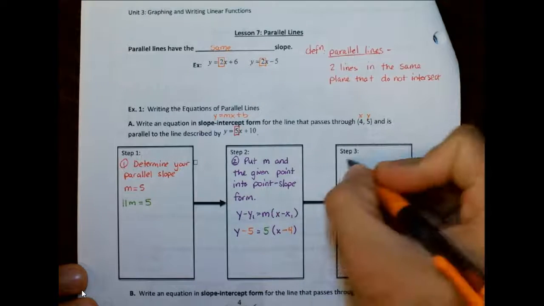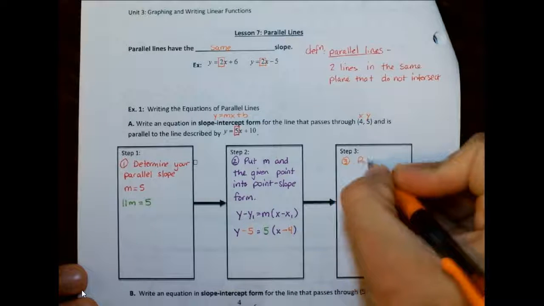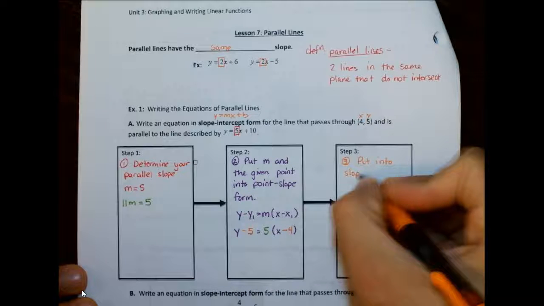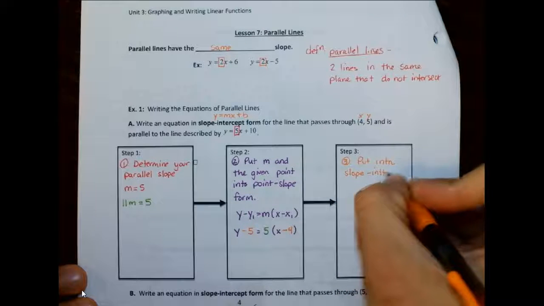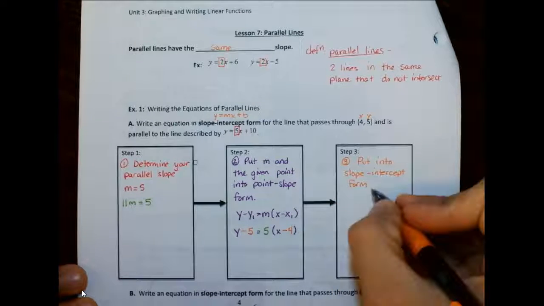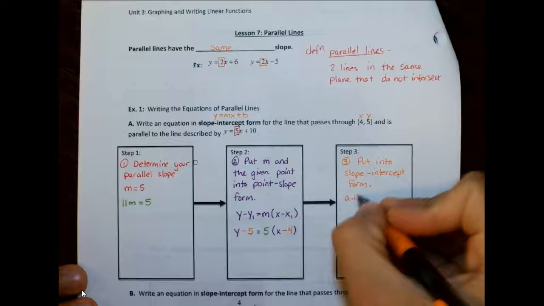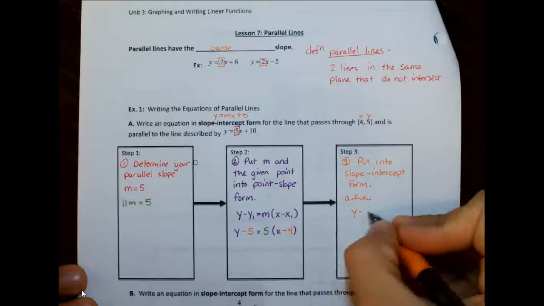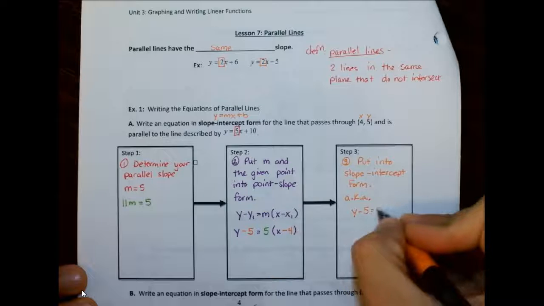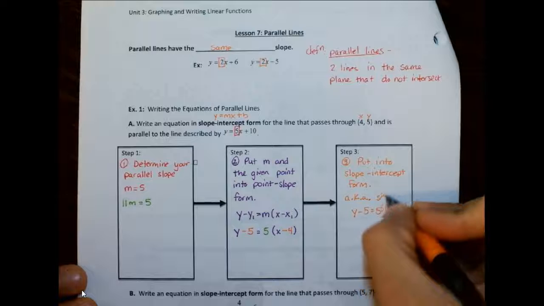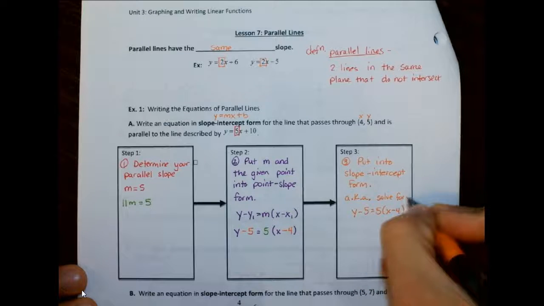So step 3 is to put the equation into slope-intercept form, which means that you're going to take that equation in point slope form, y minus 5 equals 5 times the quantity of x minus 4, and we are going to solve for y.